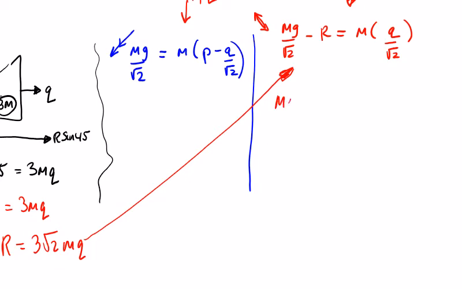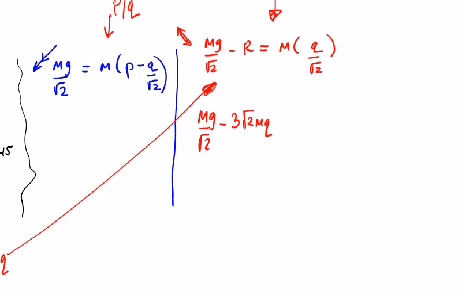So what have we got? mg over root 2 minus R, which is 3 root 2 mQ, equals m times Q over root 2. I can definitely cancel my m's here. What am I left with? Multiply by root 2.